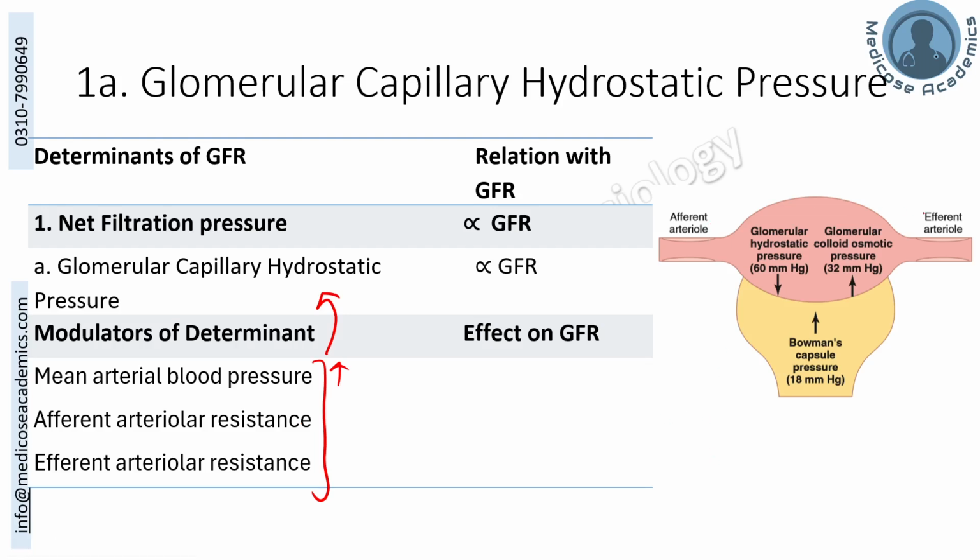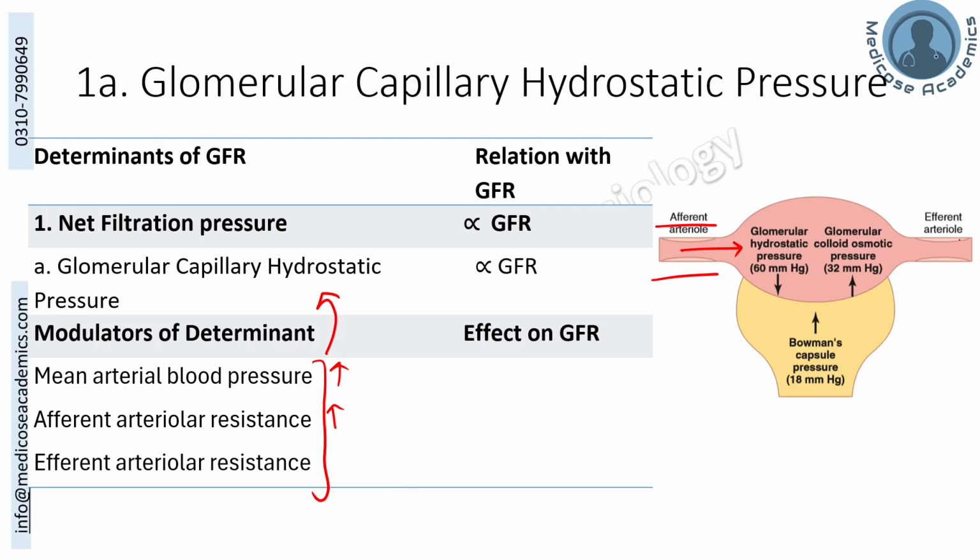How does the afferent and efferent arteriolar resistance impact the glomerular capillary hydrostatic pressure? That is quite tricky. If there is afferent arteriolar dilatation, more blood will flow into the glomerular capillaries and this will also increase the glomerular capillary hydrostatic pressure.